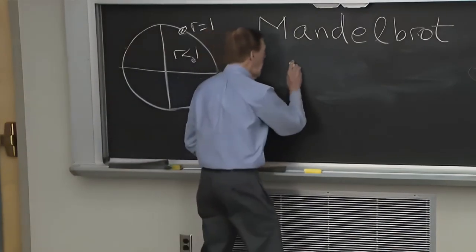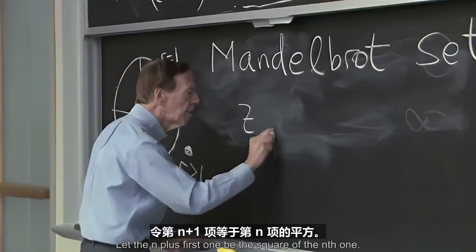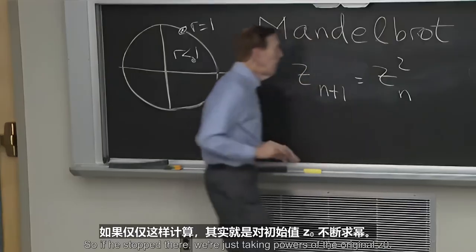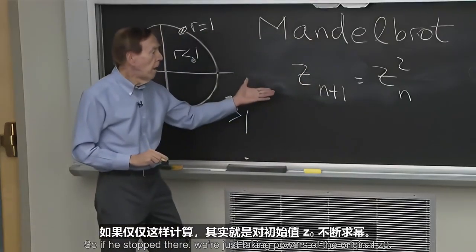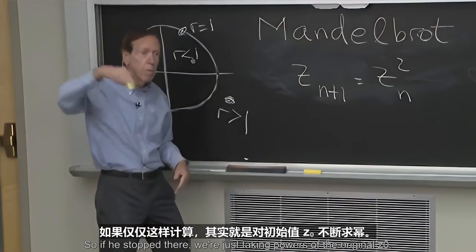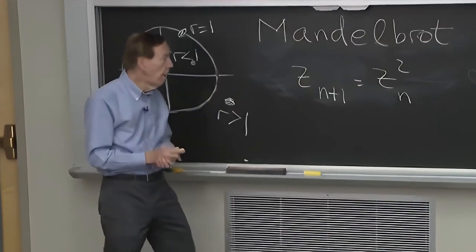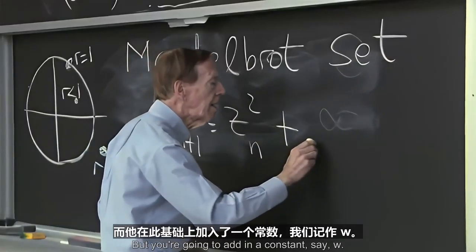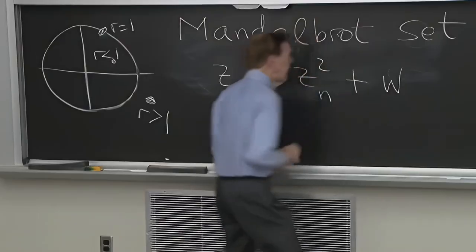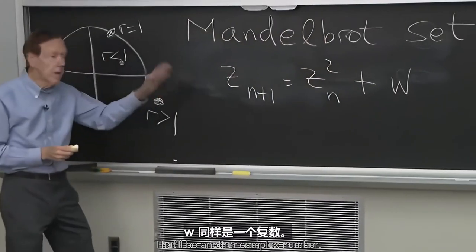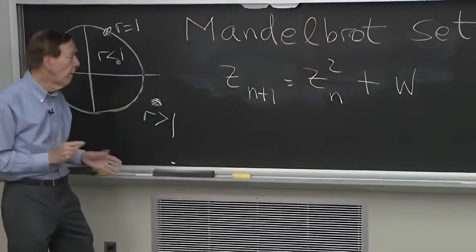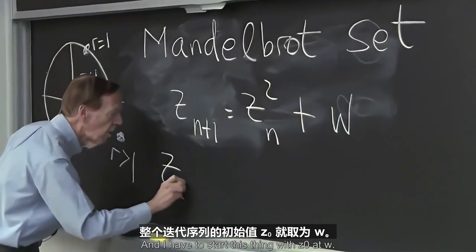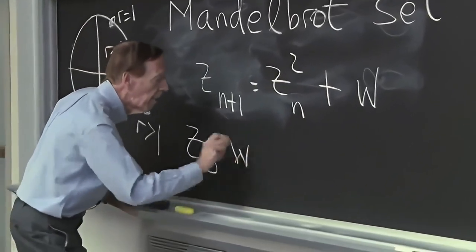Mandelbrot had the idea, let the n plus first one be the square of the nth one. So if he stopped there, we're just taking powers of the original z0. But you're going to add in a constant, say w. That'll be another complex number. Okay. And I have to start this thing with z0 at w.